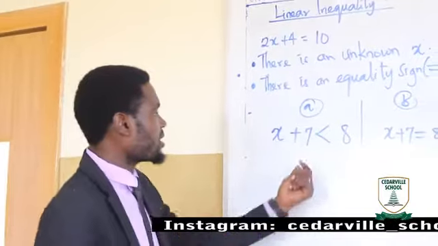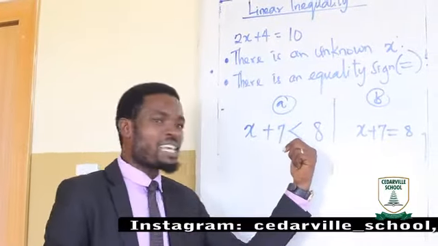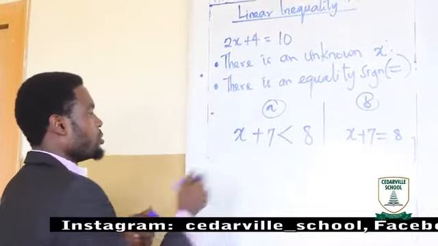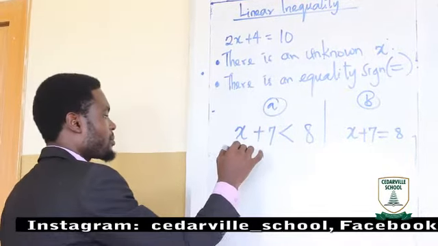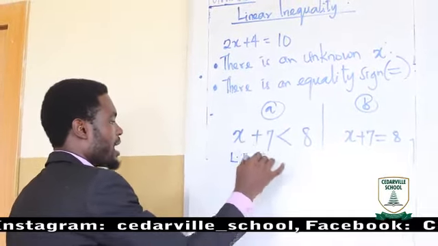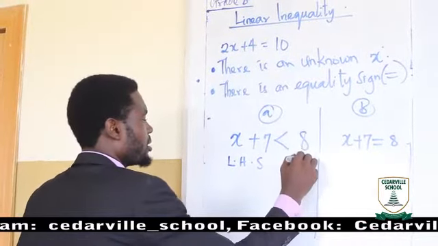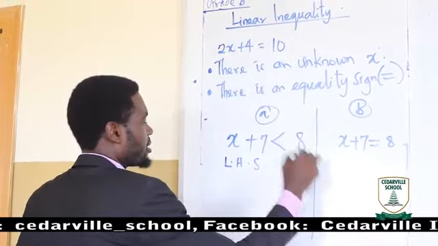The difference is just that what is here, joining the left hand side and the right hand side? Mind you, this is the left hand side, and the other side, after the sign here, is the right hand side.